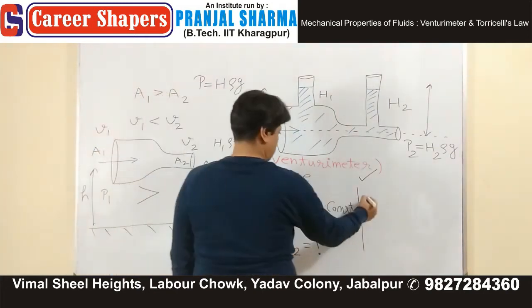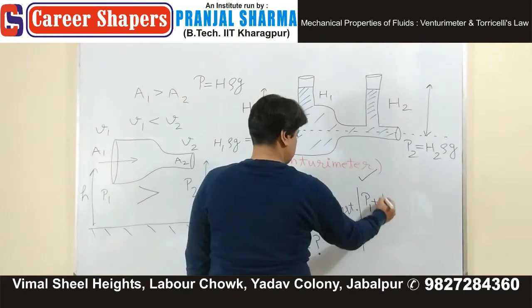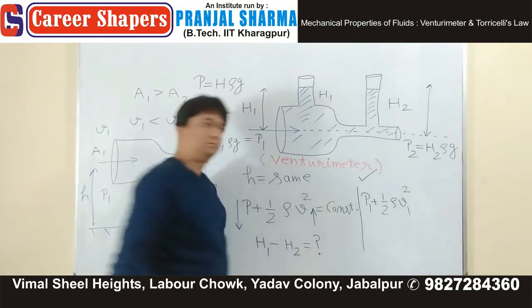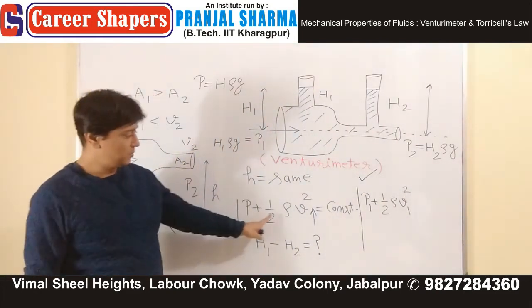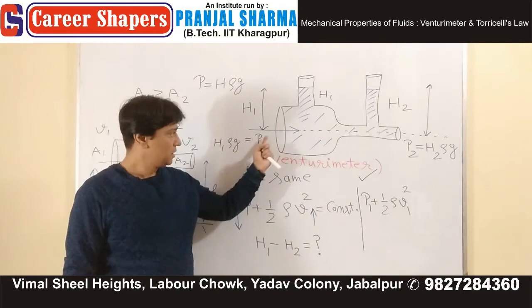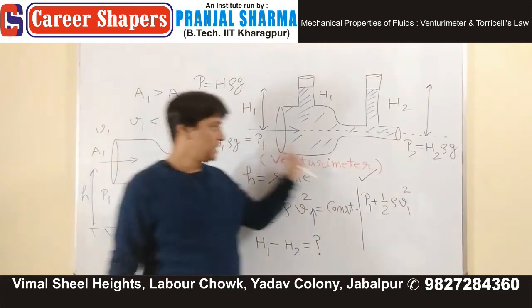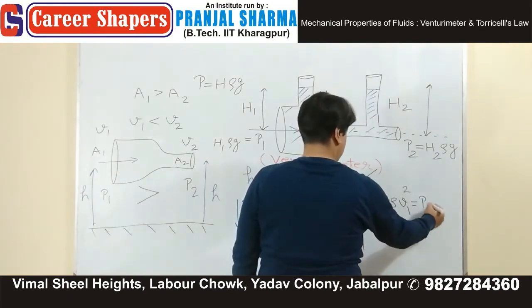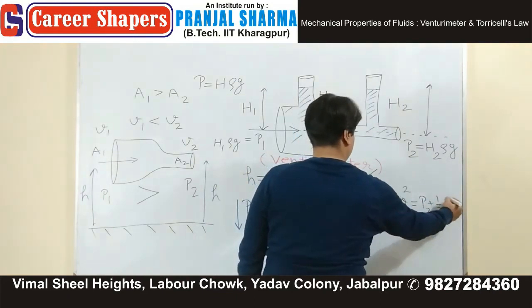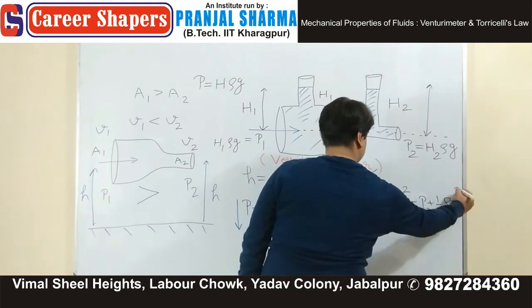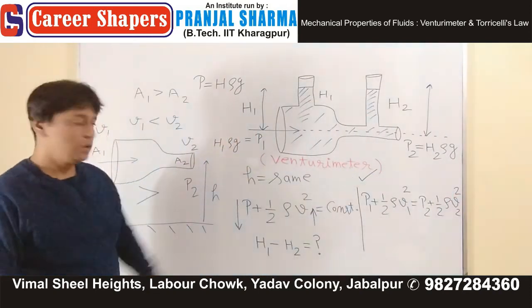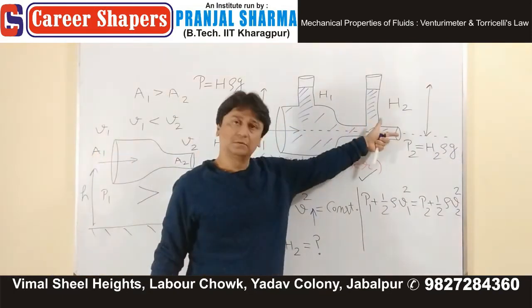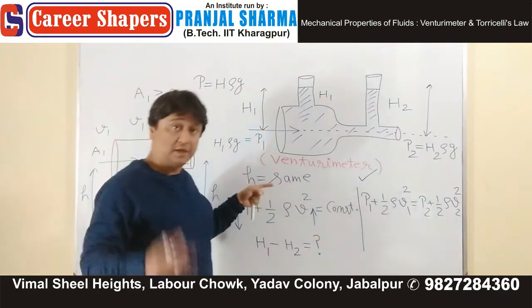P1 plus half rho V1 square at this place is equal to P2 plus half rho V2 square. You don't have to worry about H. For both cross sections, height from the ground is the same.